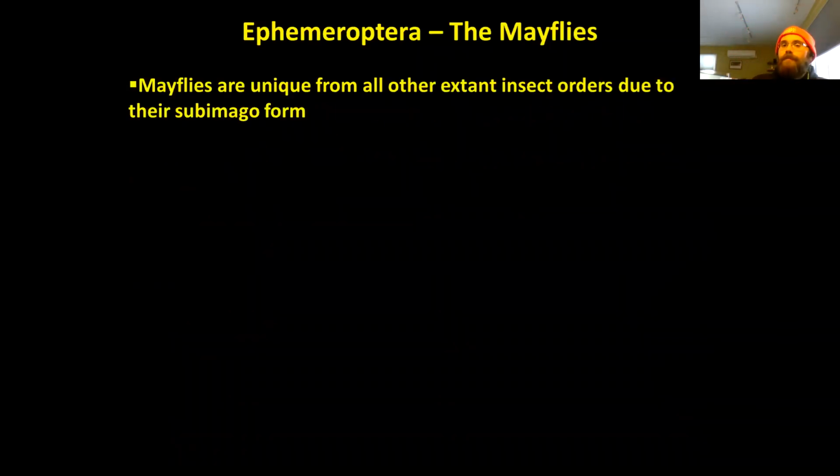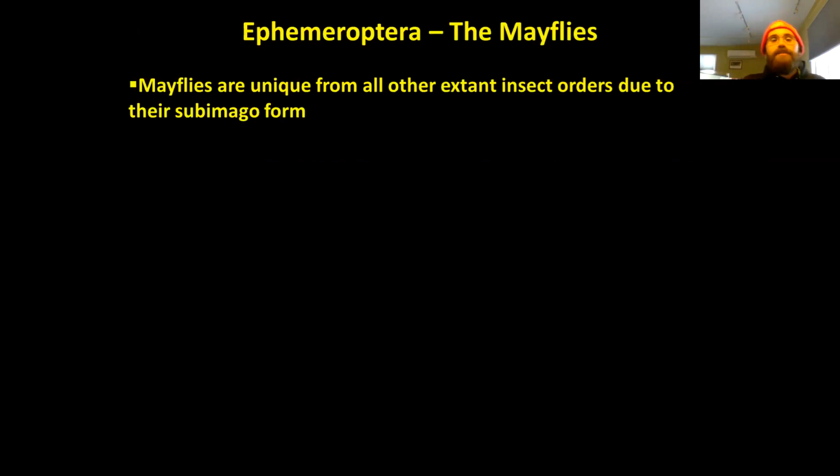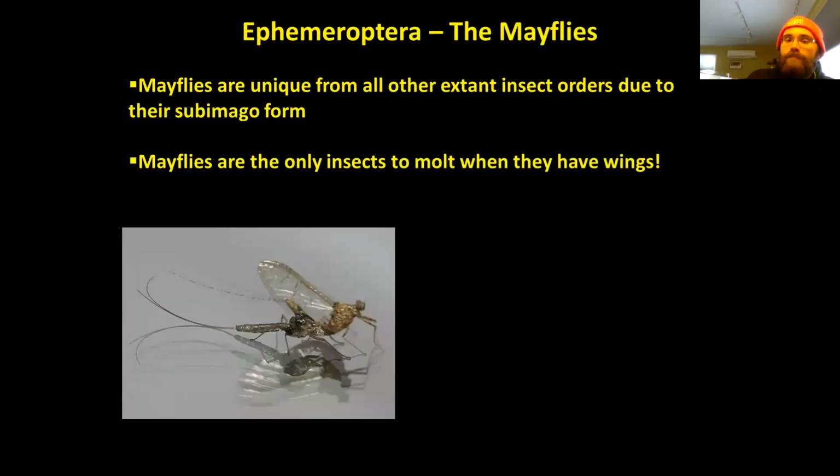Mayflies are unique from all other extant insect orders, so the opposite of extinct, so still alive, due to a sub-imago form. So mayflies are the only insects to molt when they have wings. So this is a very primitive aspect when it comes to insects.